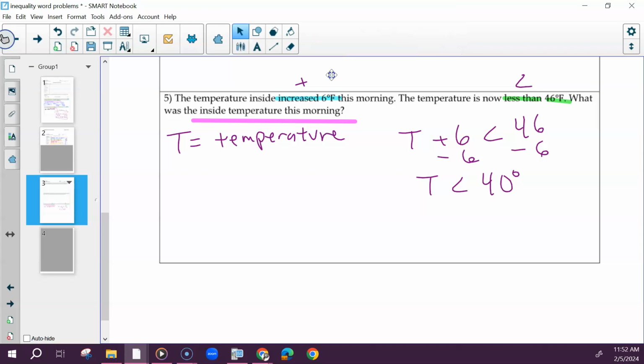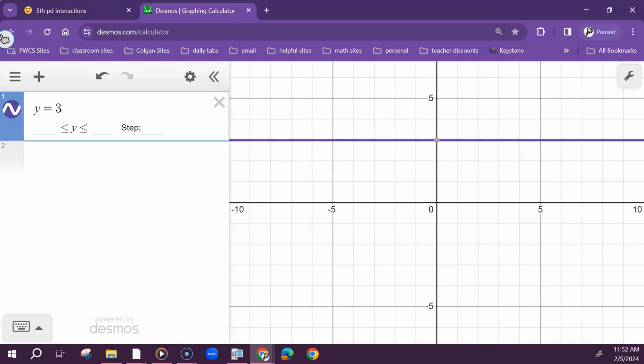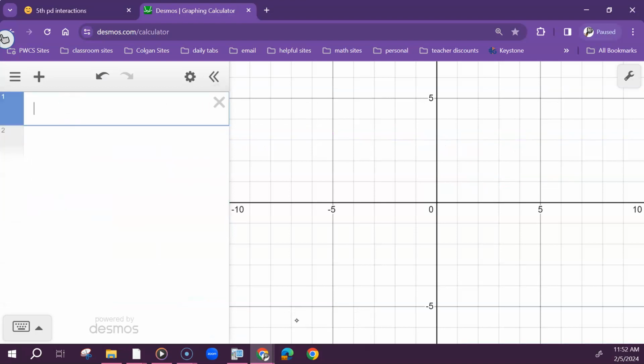Oh, really quickly, just so you see how this works in Desmos so that you can be checking your answers. I'm just going to put number 10 in.